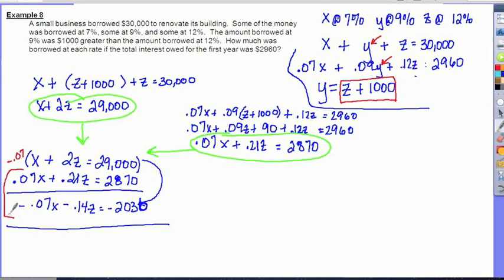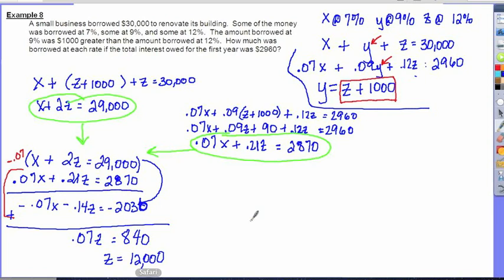Now I'm going to add those two together. The x's will cancel out. The z's, you're going to have 0.07z equals 2,870 plus negative 2,030, which is 840. Divide that by 0.07 and your z is 12,000.